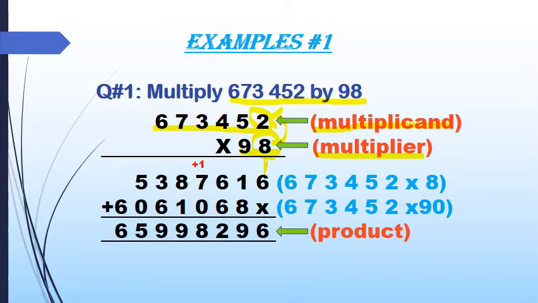Write the answer below the line. Now first multiply 8 by 2, then we get 16. If the answer is greater than 9, write the units place as the answer and carry the tens digit, and proceed from right to left.